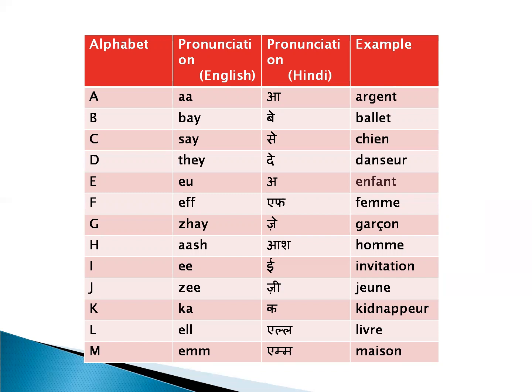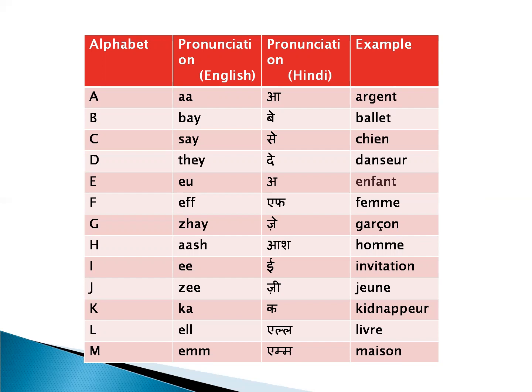H, homme. I, invitation. J, jeune. K, kidnapper. L, livre. What is livre? Livre is a book.